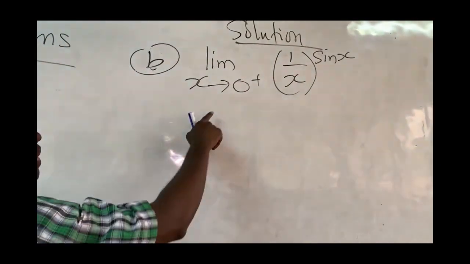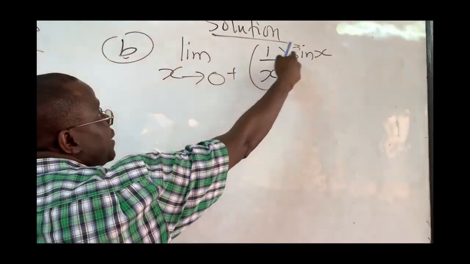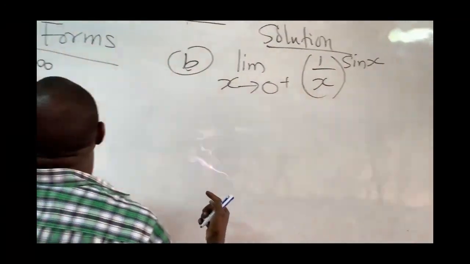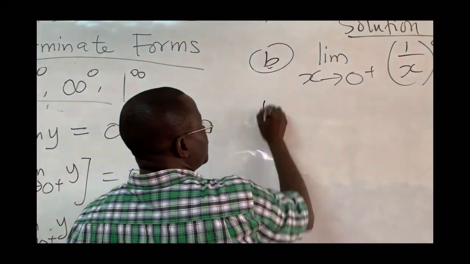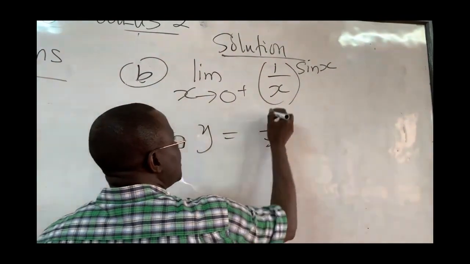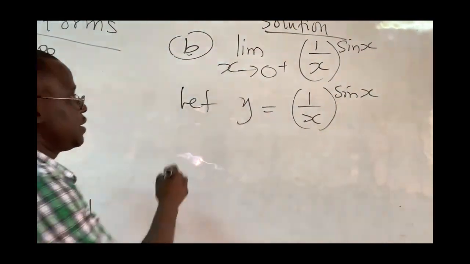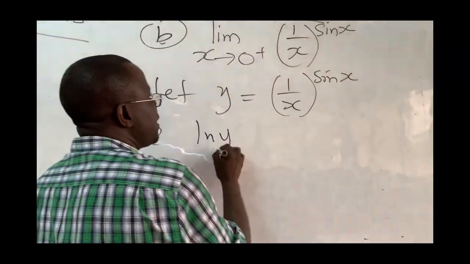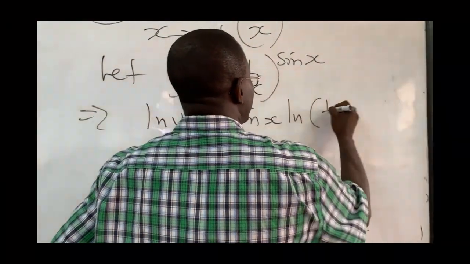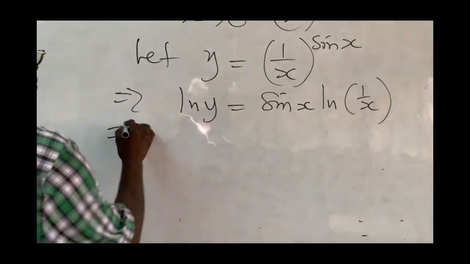Here you see that as x goes to 0, we're going to have infinity here and 0 here. So this is infinity to the power 0, that type. So we're going to let y be equal to 1 over x to the power sine x, as we did before. Similar procedure: take the ln of both sides, and ln y is equal to sine x ln of 1 over x. Then take the limit.